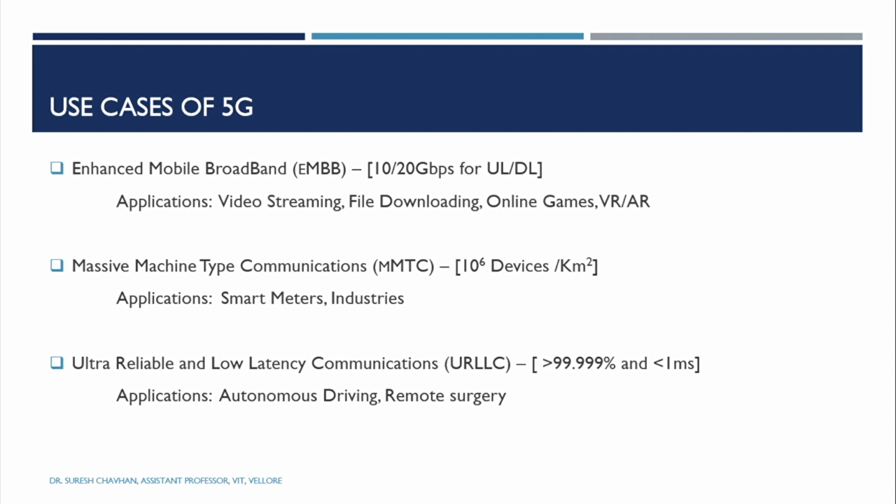And it has a delay of less than 1 millisecond. So where do we need this kind of reliability and this kind of delay? In your mind, first come autonomous vehicles and vehicle to everything communication. My research area is completely on vehicle to everything communications and intelligent transportation systems, and I work in this area.